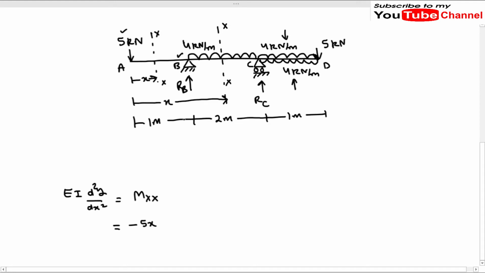So this is x, and it is measured from A. So the bending moment at this section XX, let me erase this section from here so that you should not confuse about which section I am talking about here, will be due to this RB and due to this 4 kilonewton per meter UDL.